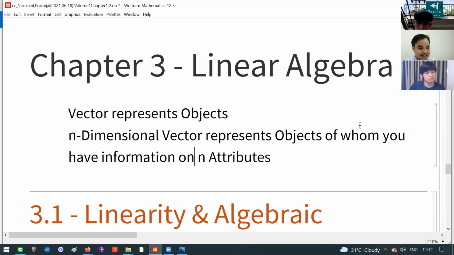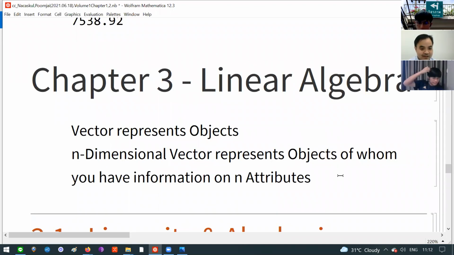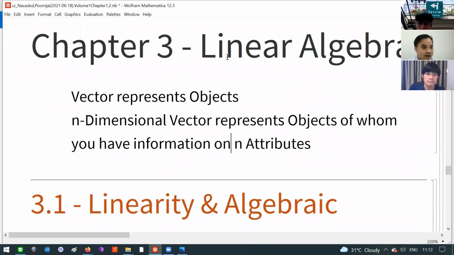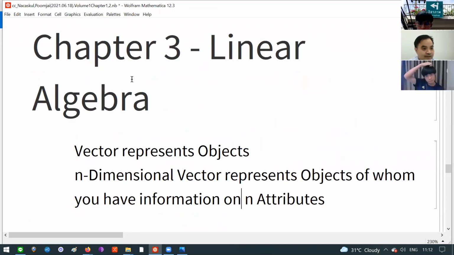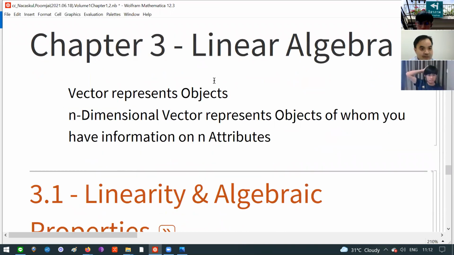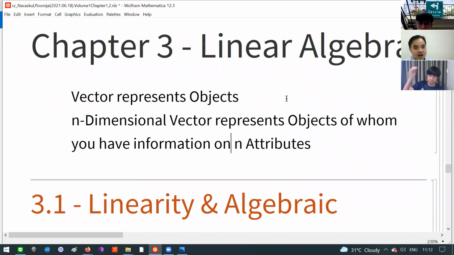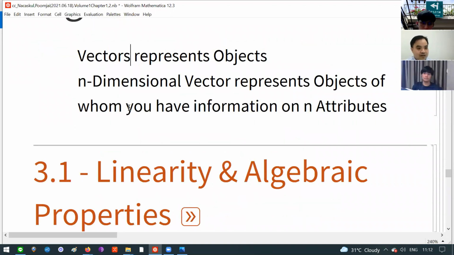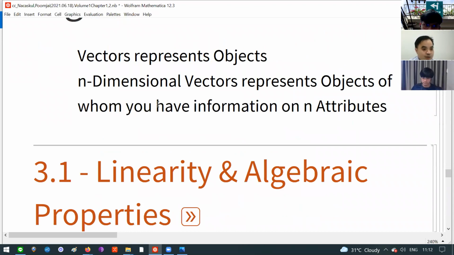Okay, so write this in your mind. Vectors represent objects. N-dimensional vectors represent objects of whom you have information on n attributes.